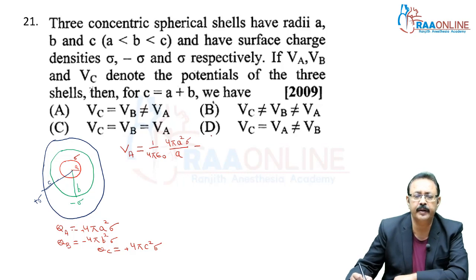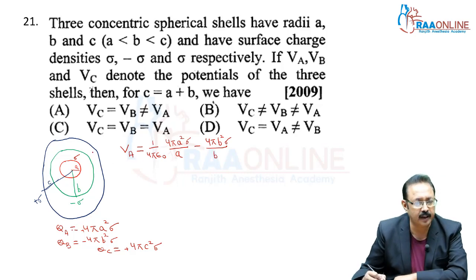So what should be 4π? Charge on B is 4πb²σ. Its distance is b. Third charge plus 4πc²σ upon c.